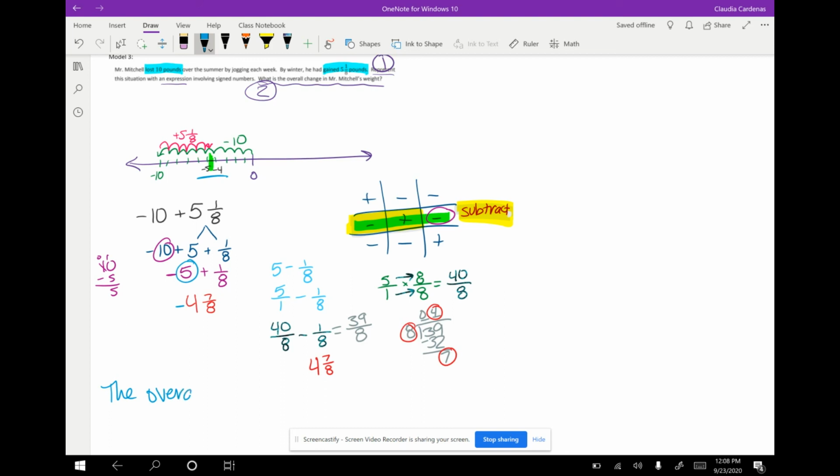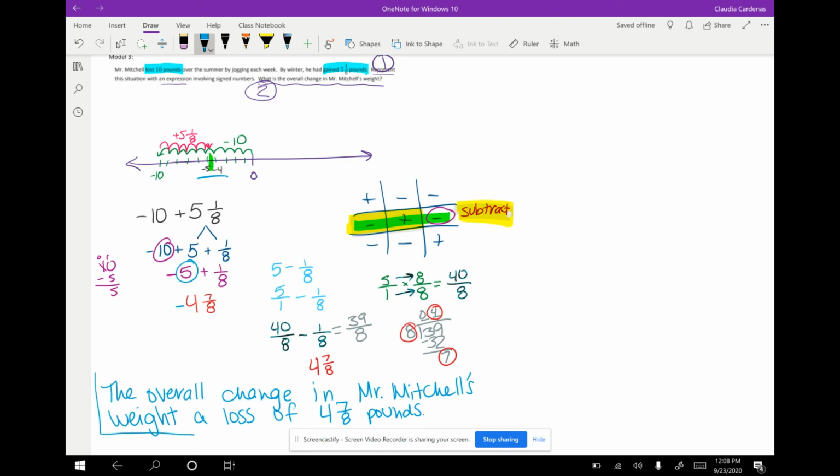So the overall change in Mr. Mitchell's weight is, we could say, negative 4 and 7/8 pounds, or we could change that negative to a phrase by saying a loss of 4 and 7/8 pounds, because when we say the word loss, that is implying that negative sign, so we don't have to then put it in our sentence. So the overall change in Mr. Mitchell's weight is a loss of 4 and 7/8 pounds. Great job.